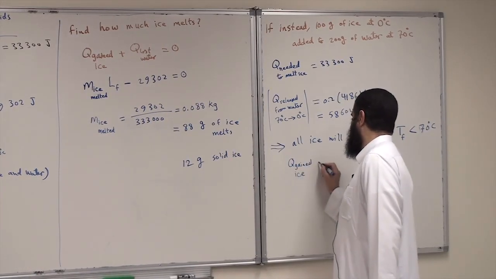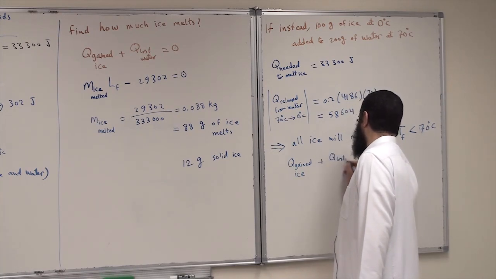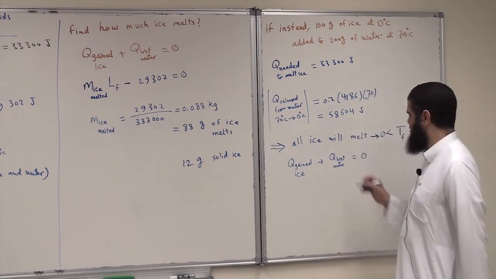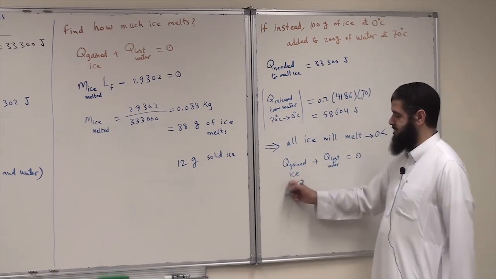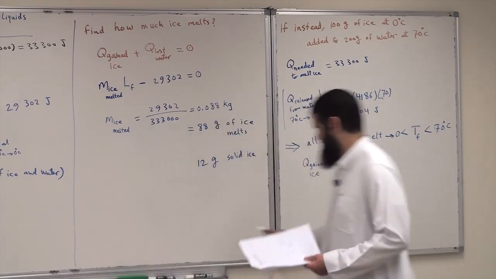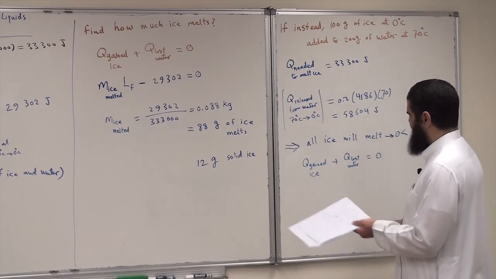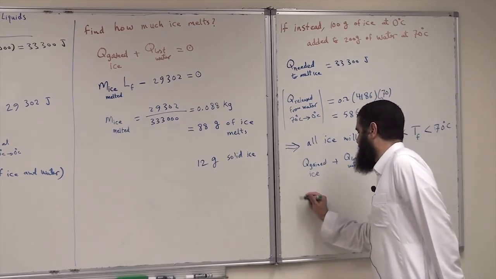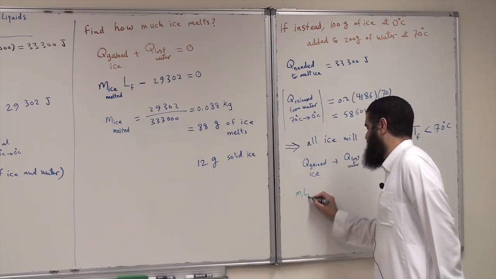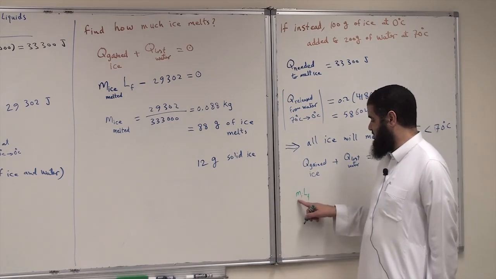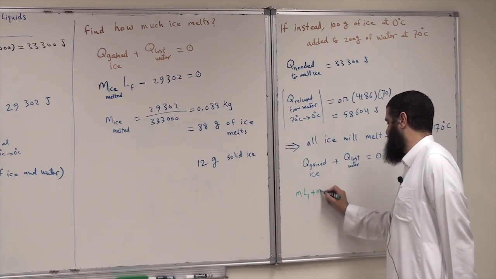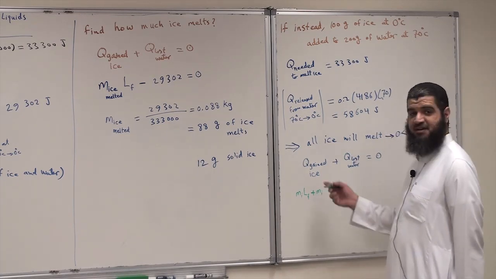plus Q lost from water will be equal to 0. Of course, here this will be negative, this will be positive. The amount of heat gained by ice will be mass of ice multiplied by the latent heat of fusion, because all ice will get melted, and then its temperature will increase after being melted.